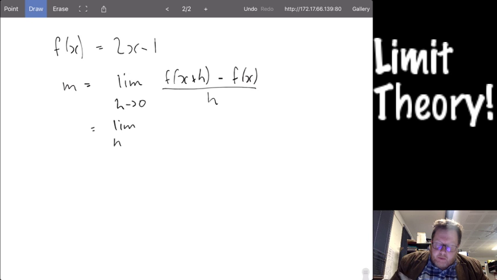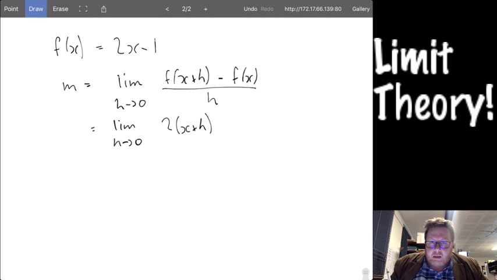Okay, so we'll work that out. Limit as h approaches 0. Now, f of x plus h. If the function is 2x minus 1, then at x plus h, the function is going to be 2, and instead of writing x, write x plus h. So I'm just replacing the variable x with the specific point I'm looking at, which is x plus a little bit, x plus h.